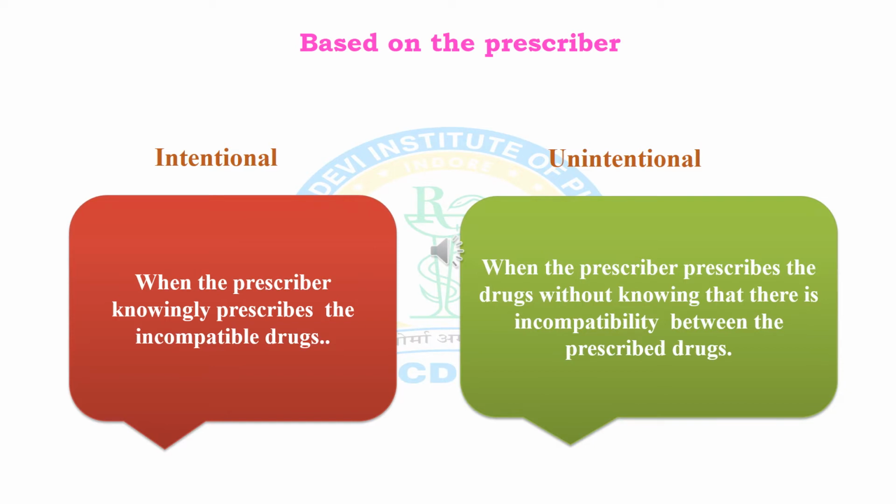Based on the prescriber, chemical incompatibility can be classified into two classes. First is intentional and second is unintentional.